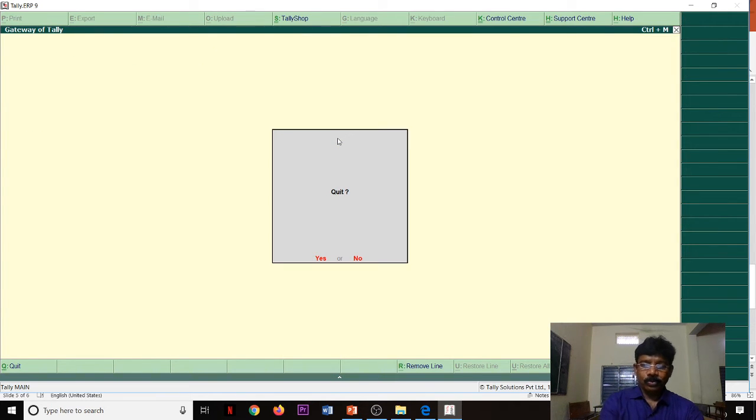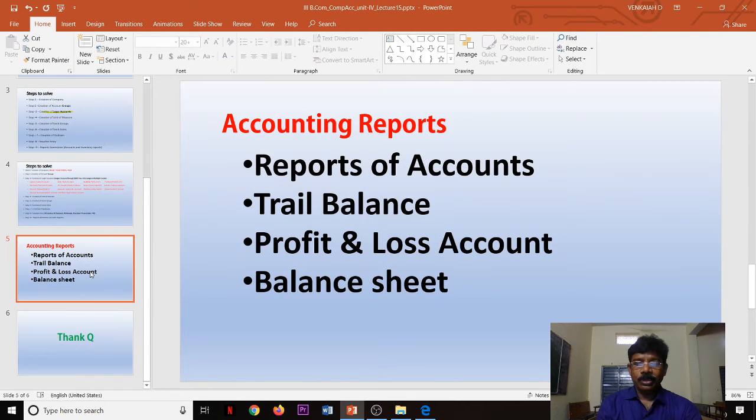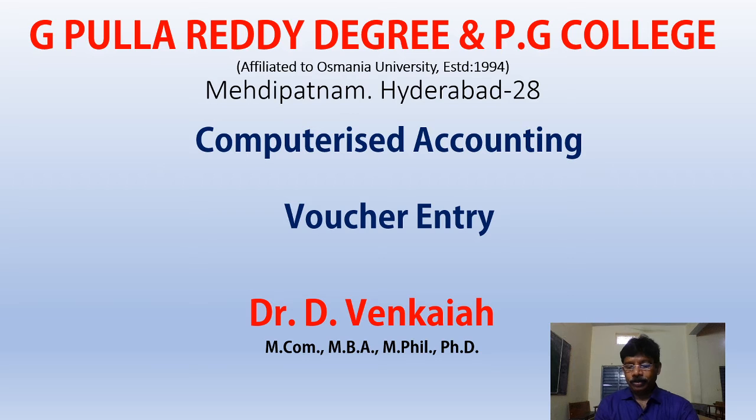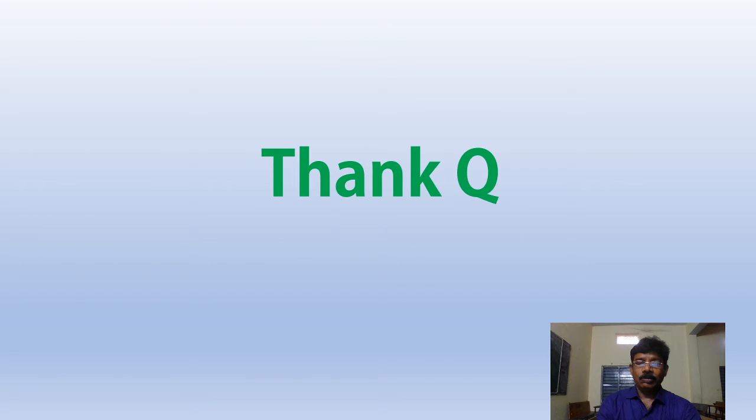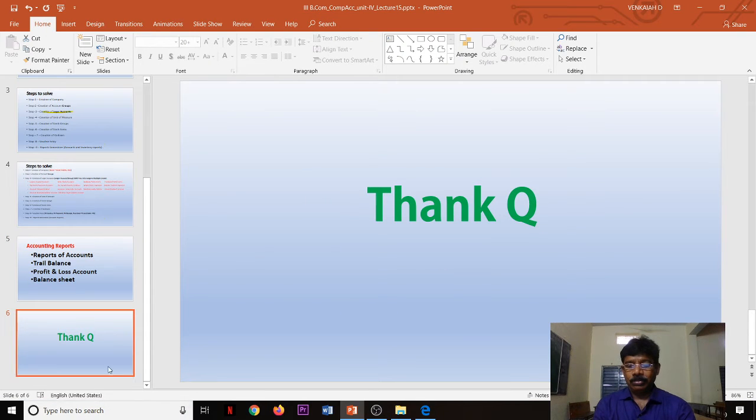Okay, these reports we already generated. Now what you have to do? You have to note down the problem first. Later see my slide, understand the steps and note down what ledger accounts you have to create under similar groups.